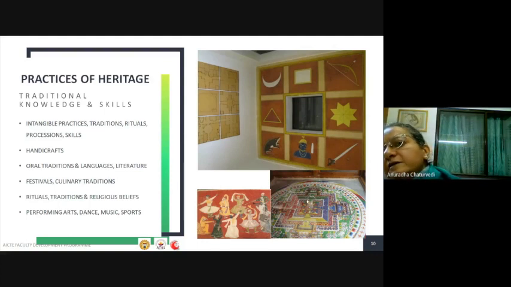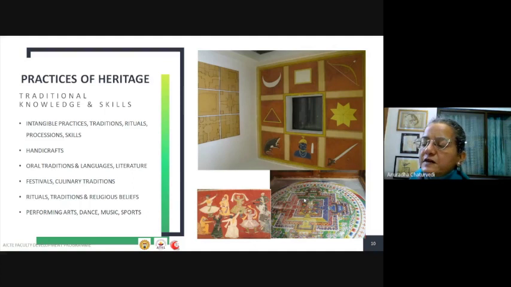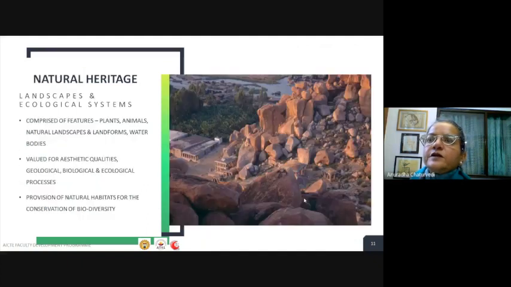And the practices of heritage also include performing arts, dance, music, and sports. So this is an aspect of heritage which has a continuity and a relevance to communities today. So it imparts a sense of continuity to what was there in the past.